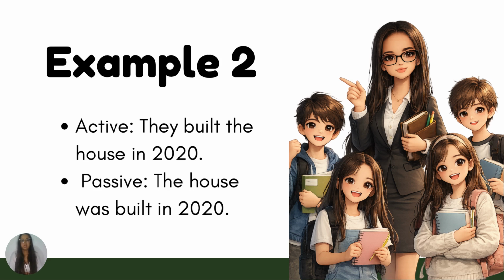Example two. Okay, let's see another example. This time in the past. Active: they bought the house in 2020. Passive: the house was bought in 2020. Here we use was because the sentence is in the past.